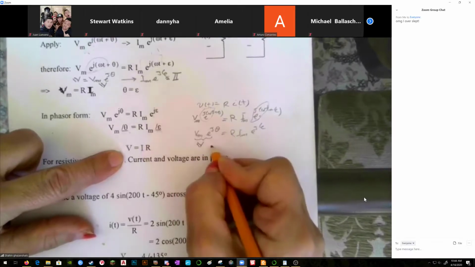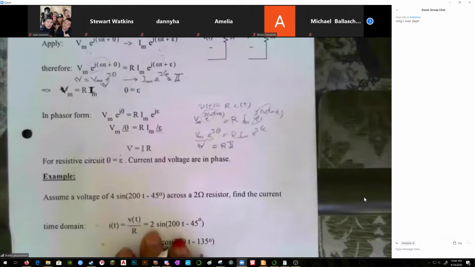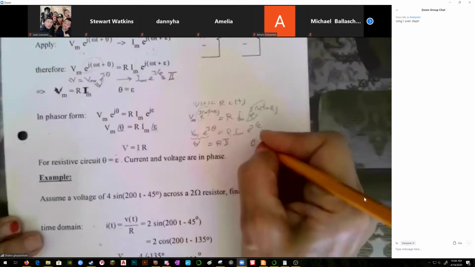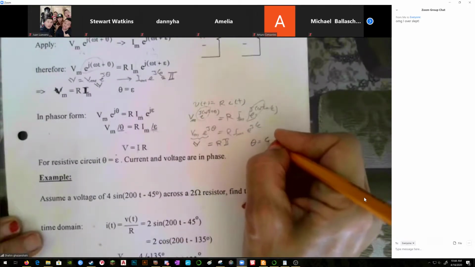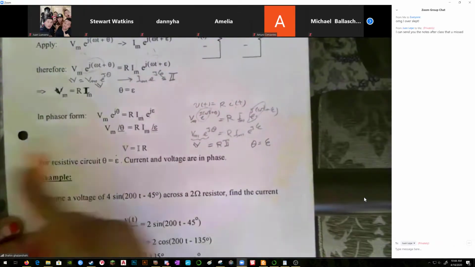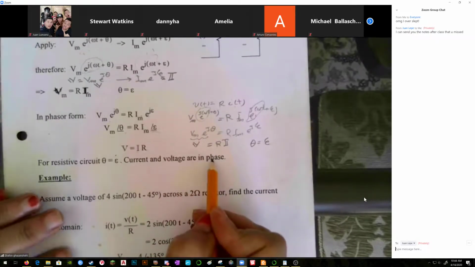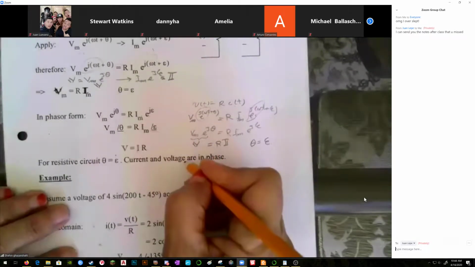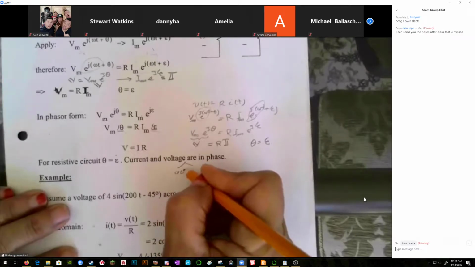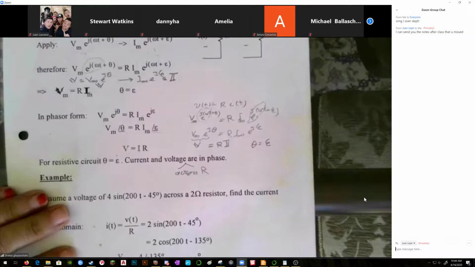Phasor voltage is R times phasor current, correct? So the angle of the voltage is the same as the angle of the current. That's why we say current and voltage are in phase. Current and voltage across R are in phase.